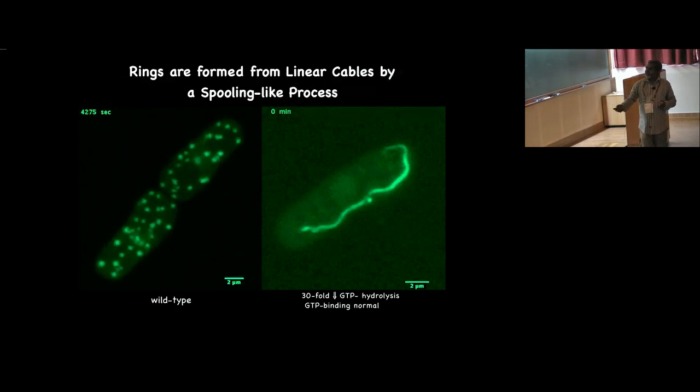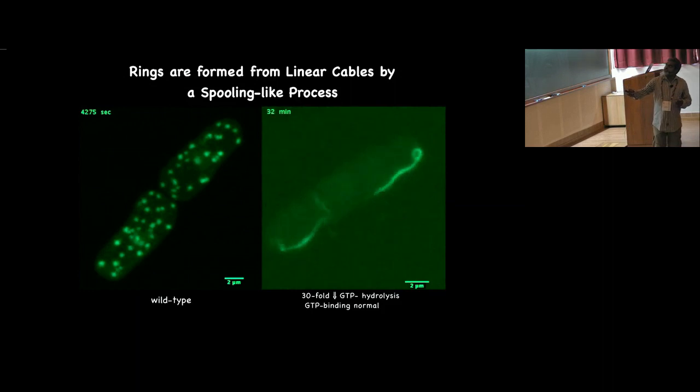This 30-fold reduced hydrolysis mutant forms this single linear cable initially, and when you look in time, it forms this ring-like structure somewhere, and then this entire filament is drawn into this ring-like structure. And again, these diameters are like 500 nanometers as measured by fluorescence, but I'll show you EM of these soon.